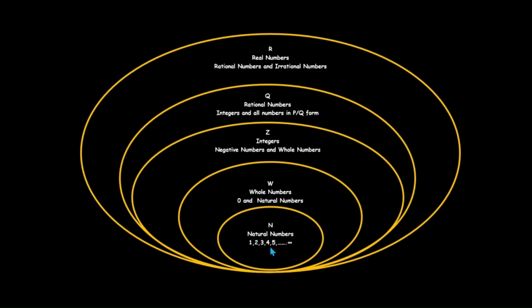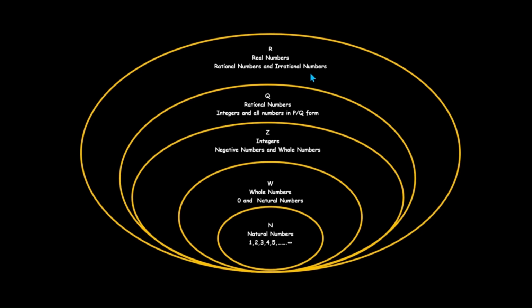So we have been seeing natural numbers, whole numbers, and integers so far. And we also have taken a look at some of the examples of rational numbers. And when it comes to irrational numbers, we can't find two numbers to put in P by Q form to represent an irrational number.